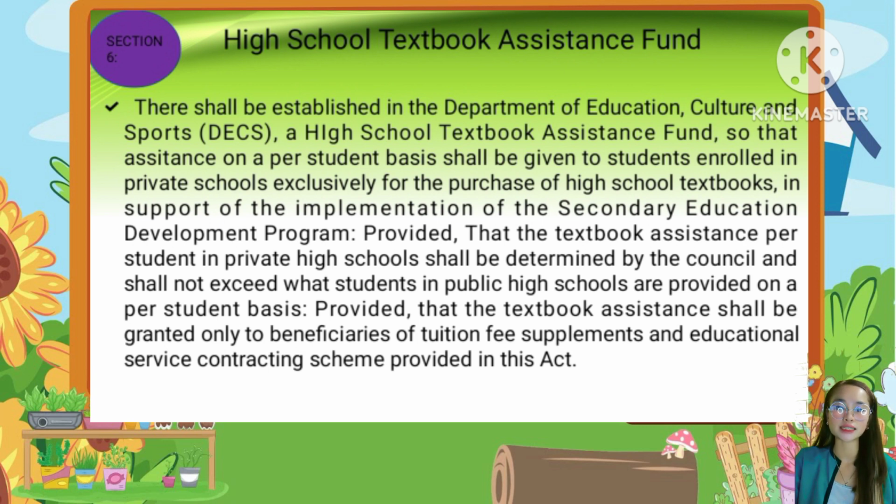Provided that the textbook assistance per student in private high school shall be determined by the council and shall not exceed what students in public high school are provided on a per student basis. Provided further that the textbook assistance shall be granted only to beneficiaries of tuition fee supplements and the educational service contracting scheme provided in this Act.